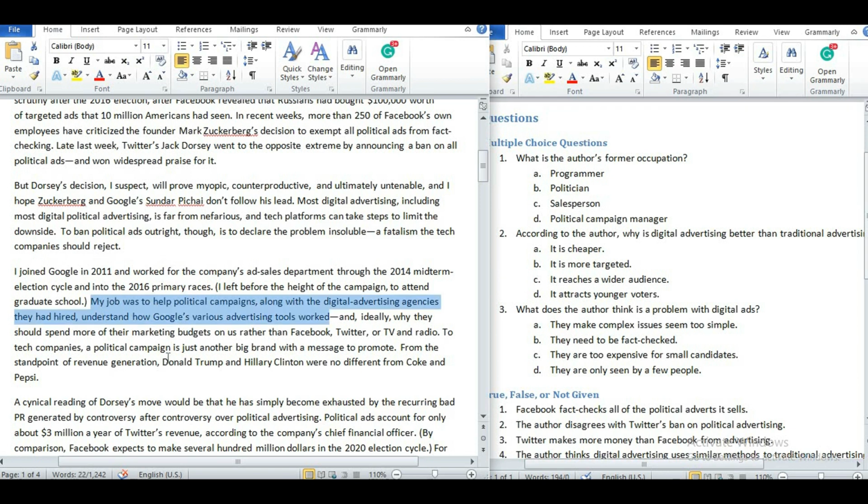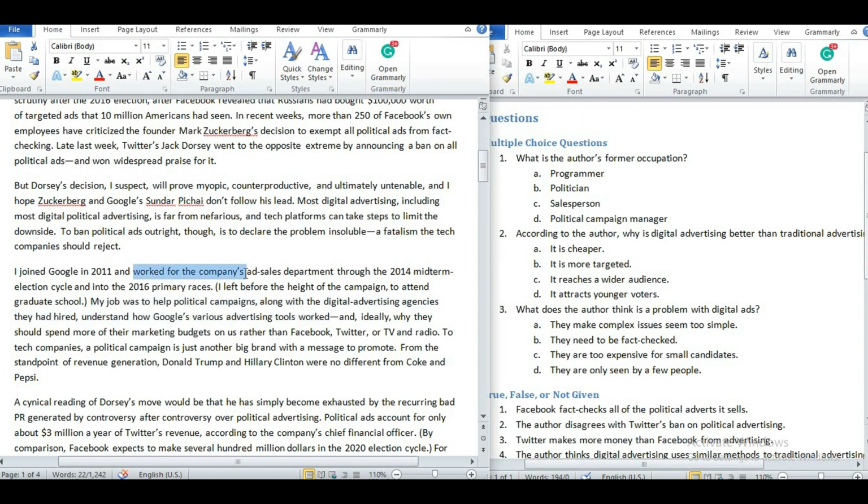If we look at this whole section, to help political campaigns for Google understand how Google's various advertising tools work. So we get a bit of a better idea here, and we can tell he was not a programmer and not a politician. It kind of seems like this one would be true, D, but there are also some ideas that tell us it's not true.